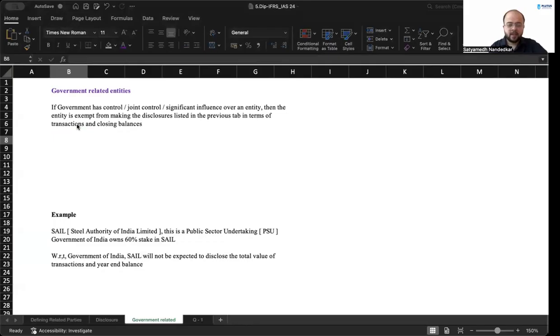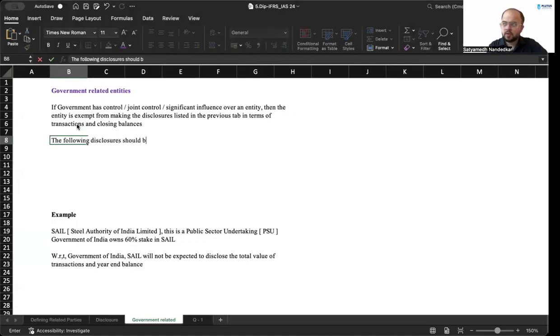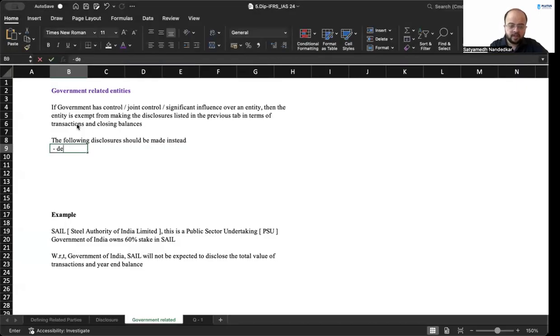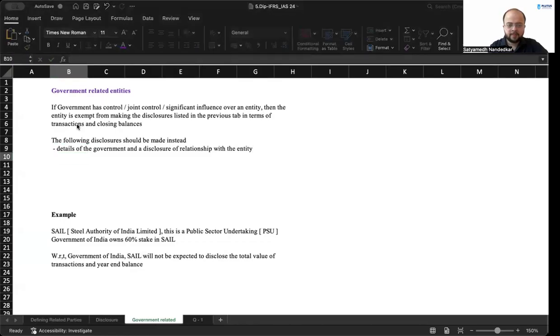Okay, now where this exemption is applied, the following disclosures should be made instead. What are these? Details of the government and a description of the relationship with the entity.